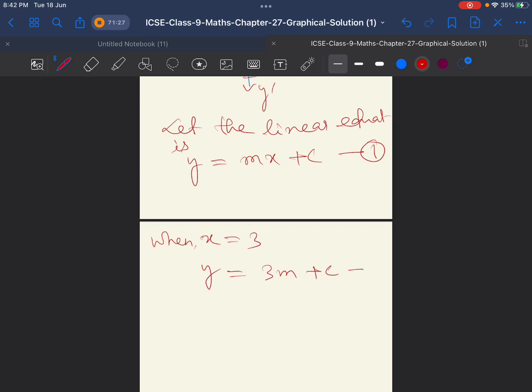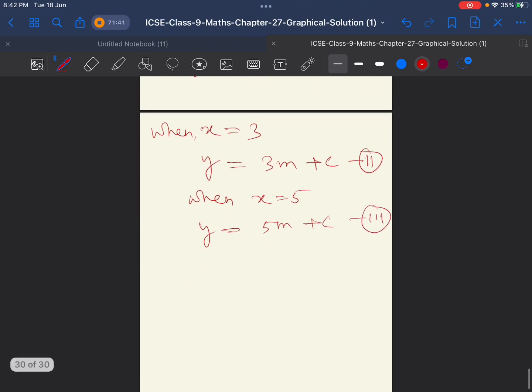When x equals 3, then y equals 3m plus c. This is the equation 2. When x equals 5, then y is 5m plus c. This is the equation 3.